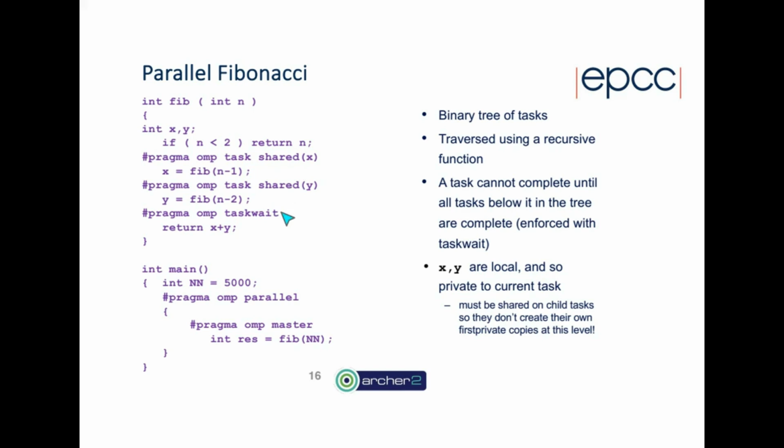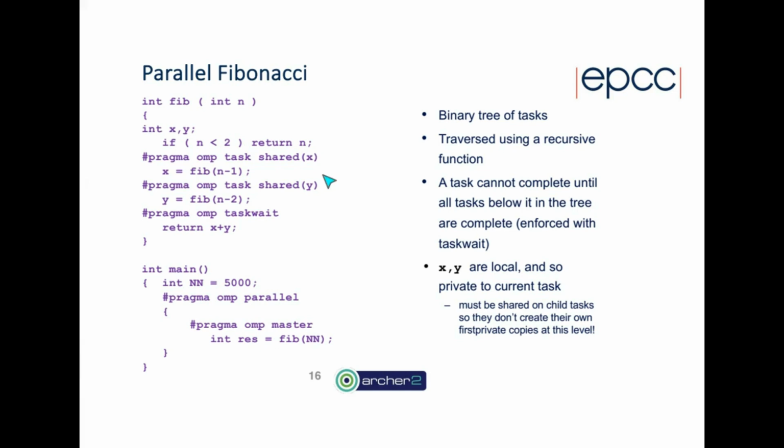So we are in fact waiting for everything down below in the tree, but implicitly, because there's a taskwait at every level, not because the semantics of taskwait wait for all the descendants. Then we can use the usual parallel master pattern to create the threads and to make the initial call at the top of the tree.